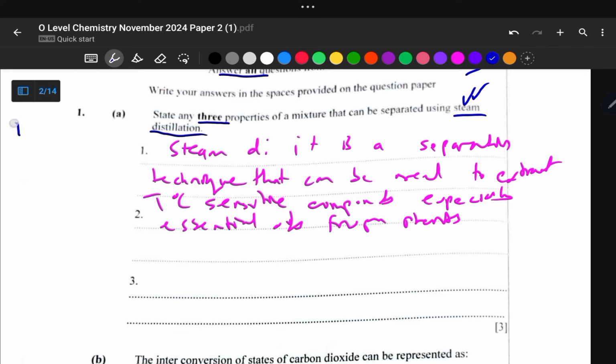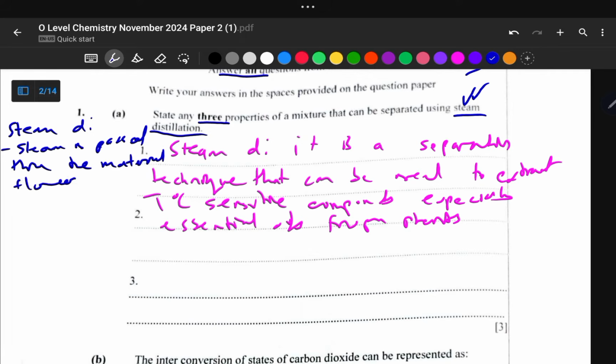So first, steam is passed through the material to be analyzed, for example, the flowers, right?